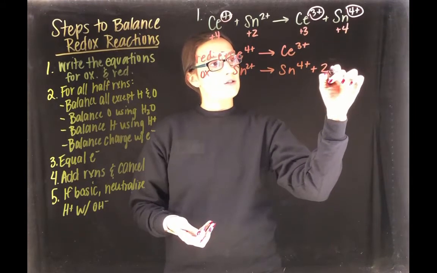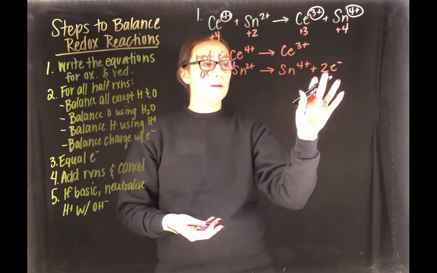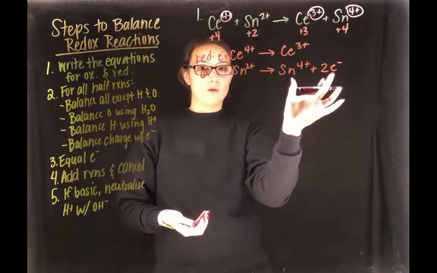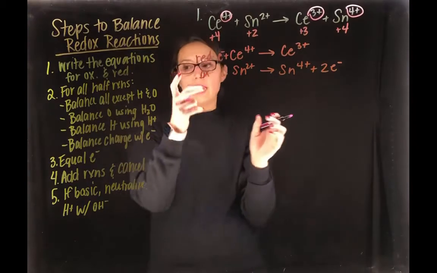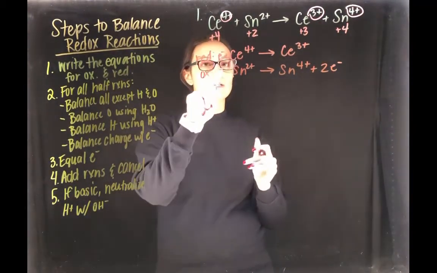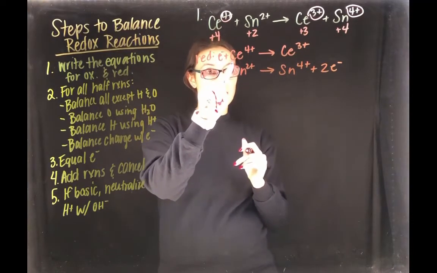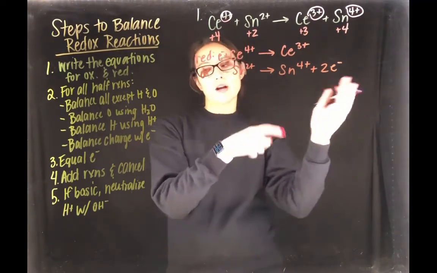I can add 2 electrons to the product side, because now I have +4 minus 2, which gives me a total charge of +2 on this side, +2 on this side. So now I've balanced the charges using electrons. This should also make sense, because reduction is when something gains electrons. Oxidation is when it loses electrons, so it's a product.